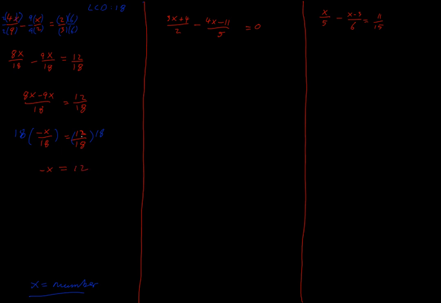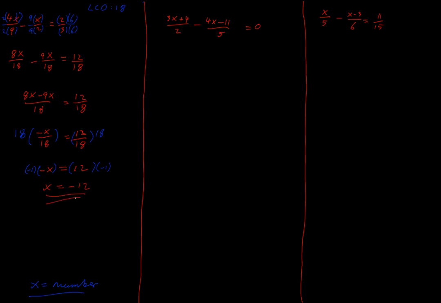So now I've gotten rid of my fraction, and I'm just going to finish solving this. I know I want to know what x is equal to, not what minus x is equal to. So I could multiply both sides of my equation by minus 1, and that will give me minus 12 as my final answer.